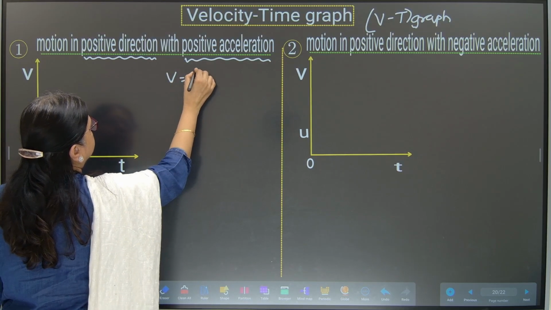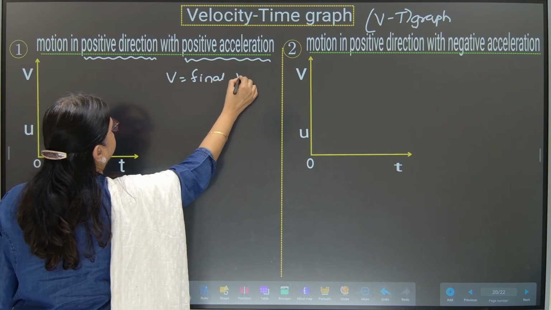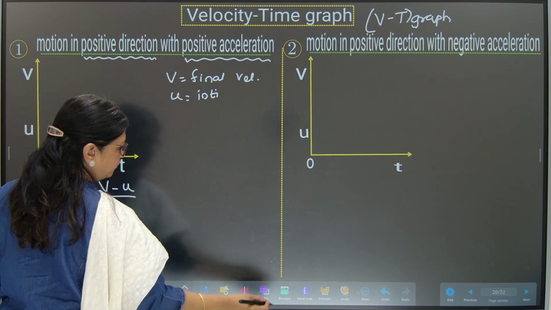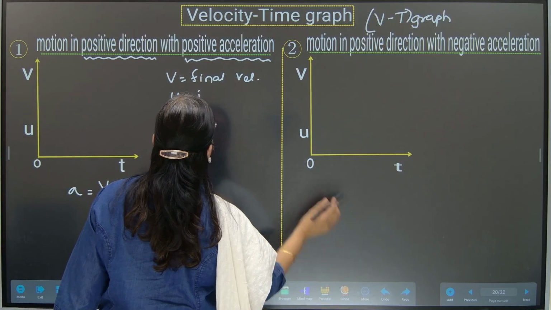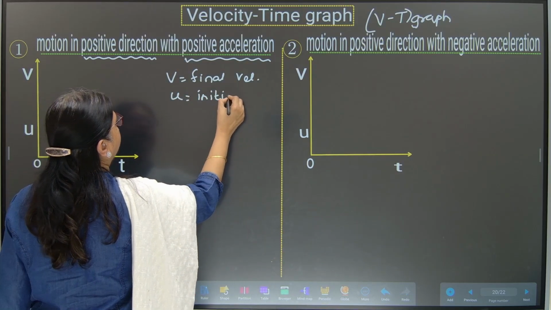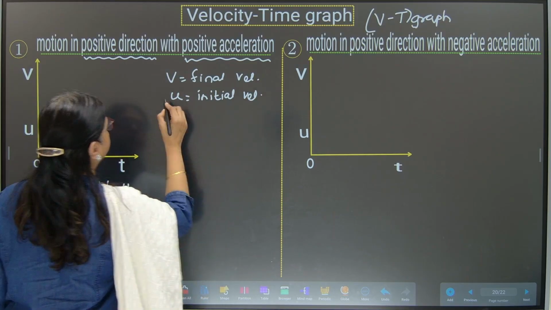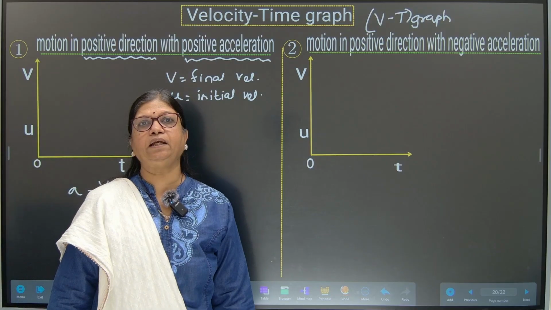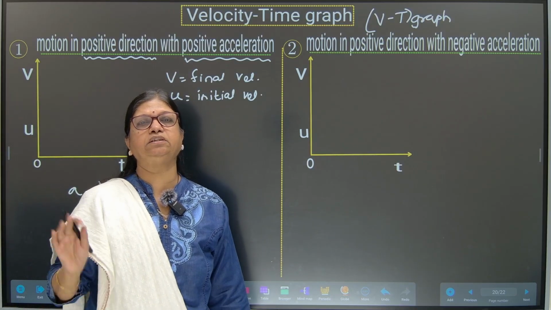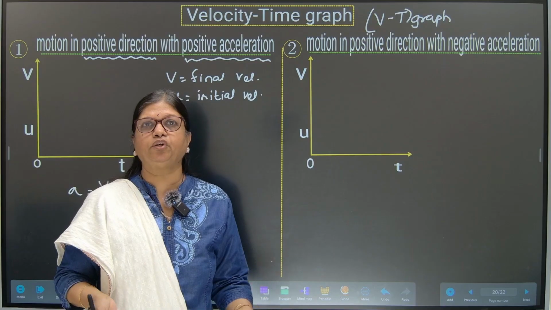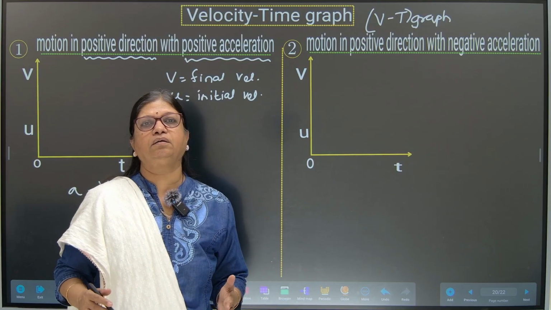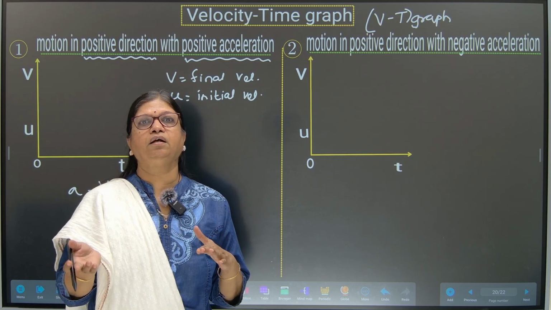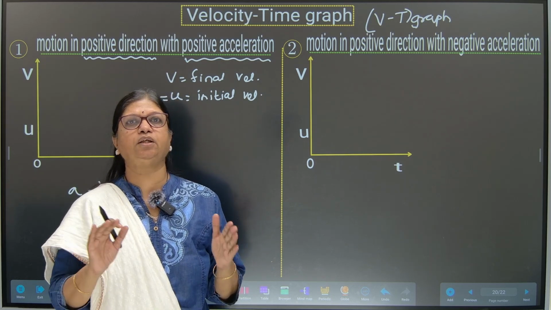So V is the final velocity of the body. U is the initial velocity of the body. And in the textbook, U is denoted as V naught. But normally we use U as initial velocity, so to make it easier for us to remember V and U very clearly, instead of saying V naught is the initial velocity, we can just say U is the initial velocity.